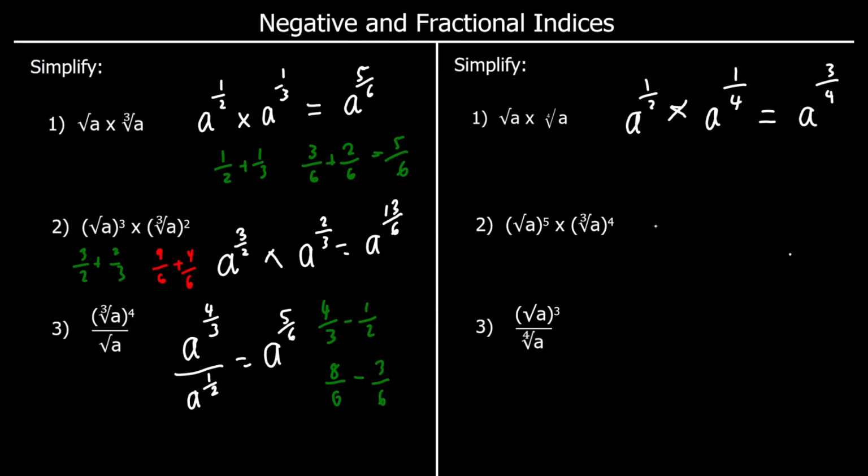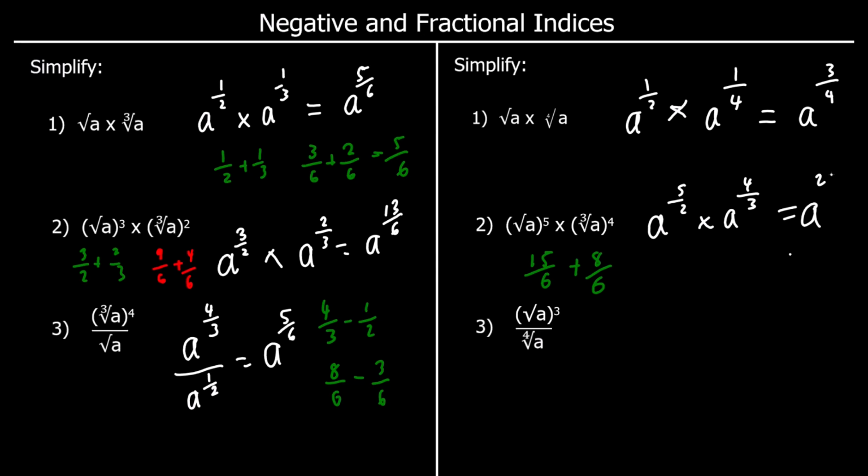Number 2, we've got a to the power of 5/2 times a to the power of 4/3. We need to add the powers, so we're going to have 15/6 plus 8/6, and that's going to be 23/6.